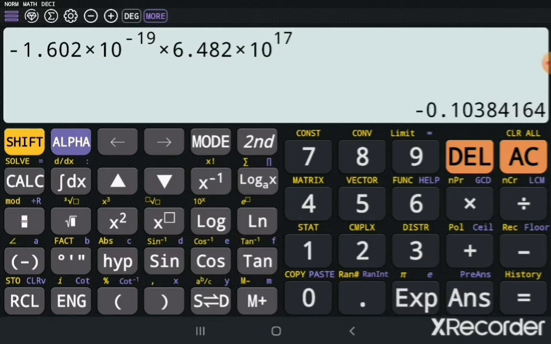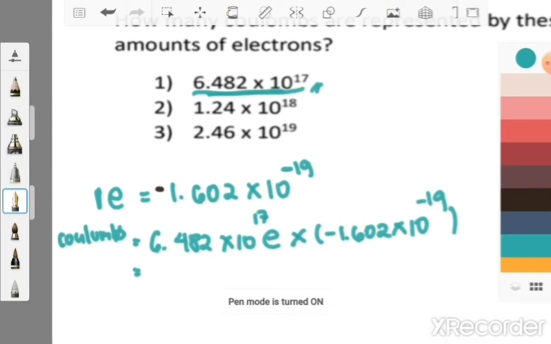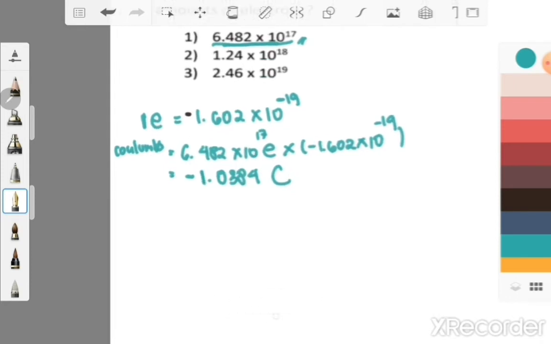We have a value equal to negative 0.1038 coulombs. That is our first example.